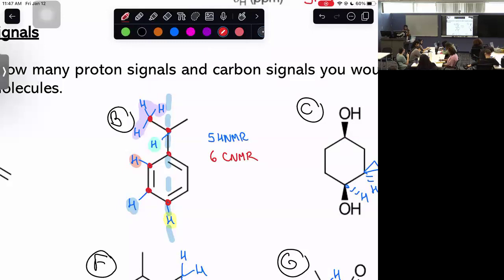The orange and the blue hydrogens, could they be diastereotopic? Do we use that term? Because they are part of a double bond technically. Would you call them diastereotopic? Why not? In a way. So, diastereotopic sounds like diastereomers.